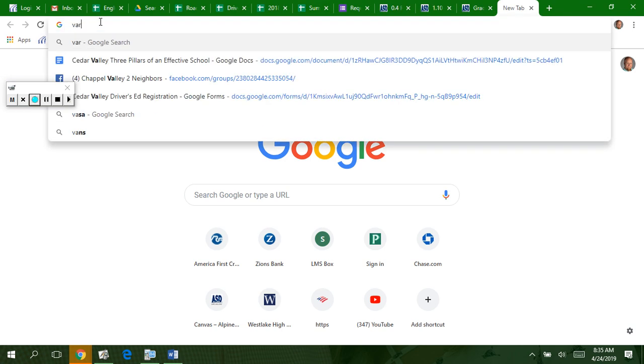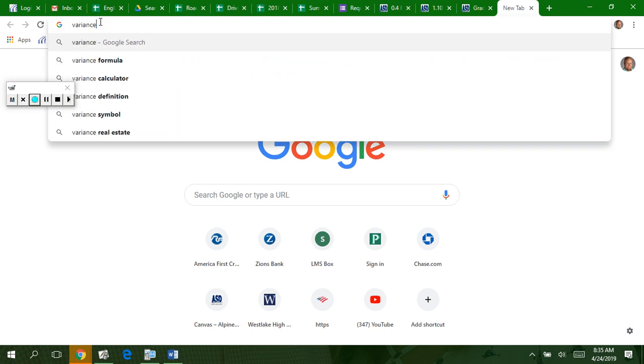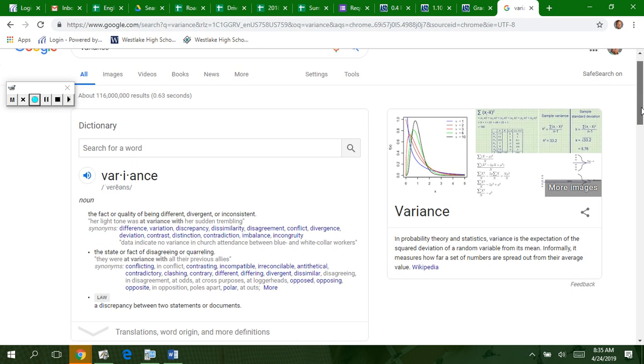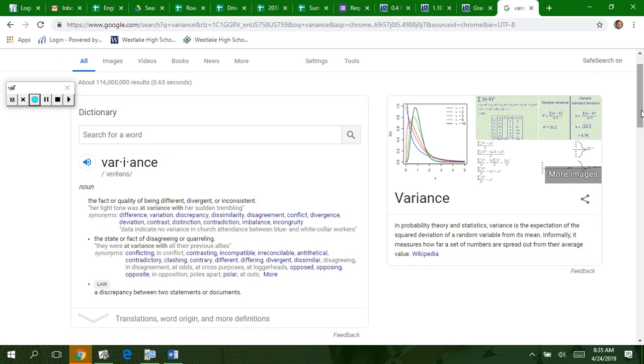Variance. Fact of being different. Okay, thanks. Now, in probability and statistics theory, variance is the expectation of the squared deviation of a random variable.